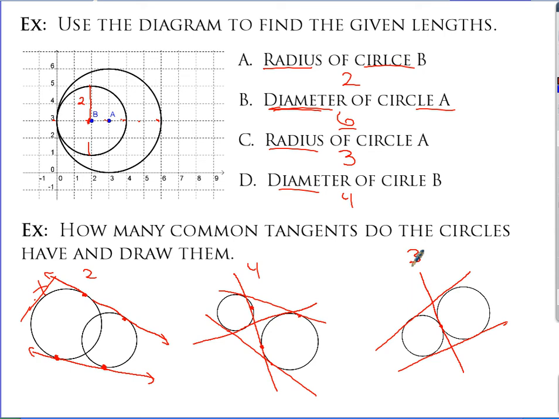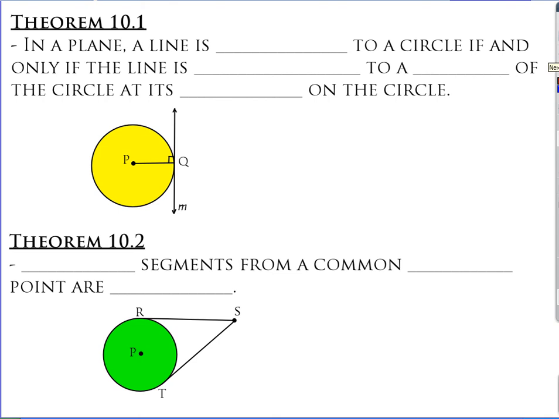All right, now next we'll get into a couple of theorems, and these theorems are going to be the basis for some of the problems we'll solve using circles.